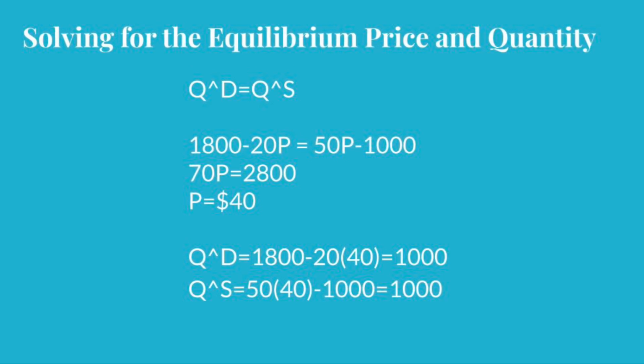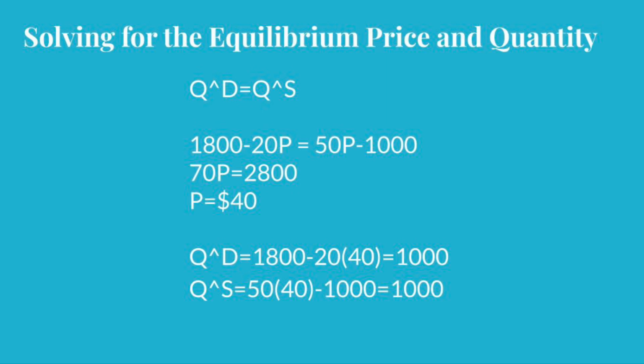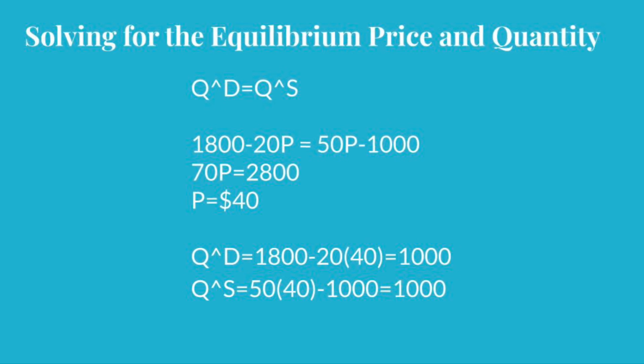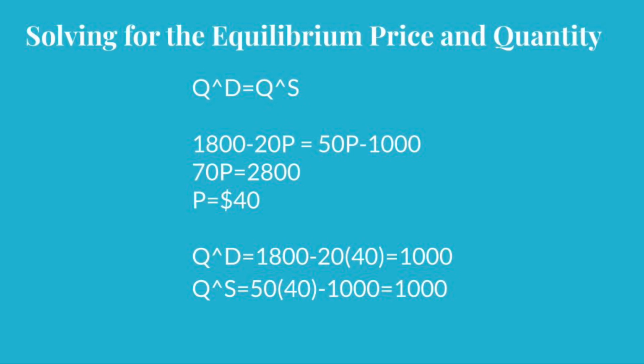Going back to our comforter example, we set Q^D equal to Q^S and plug in our two formulas: 1800 - 20p = 50p - 1000. Then we do our math, and that gives us 70p = 2800.